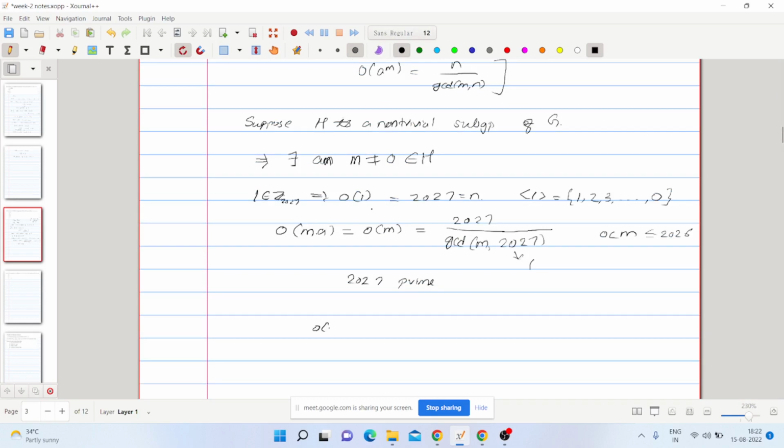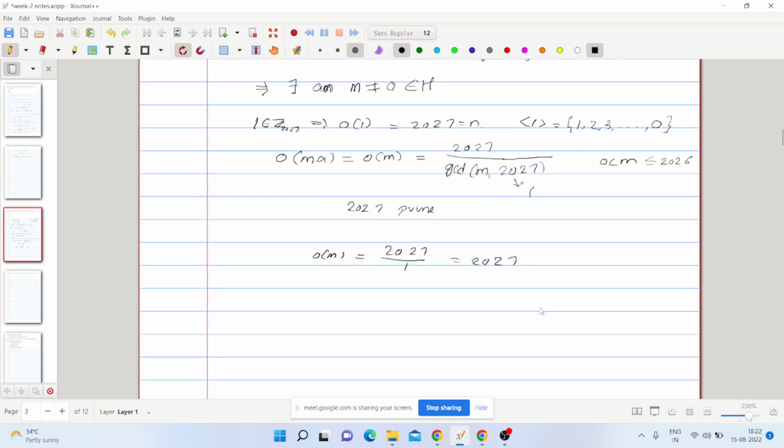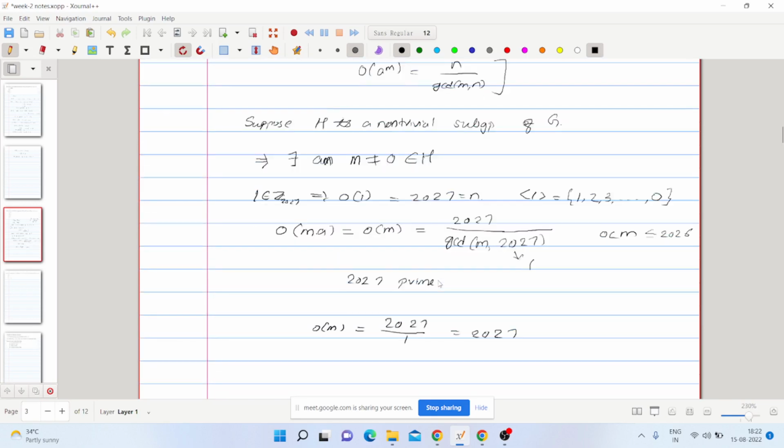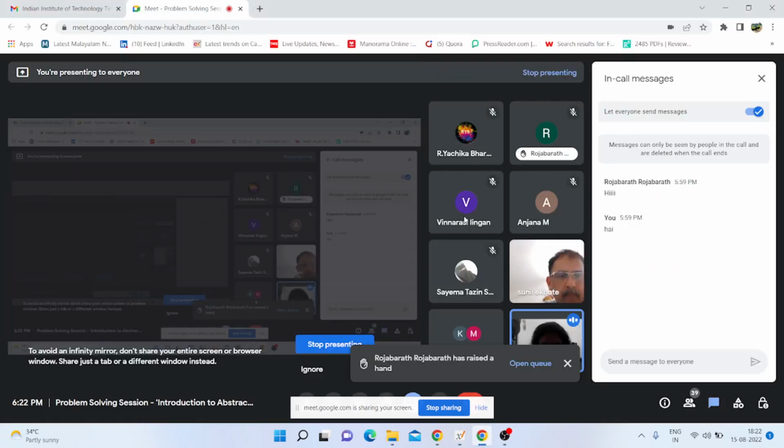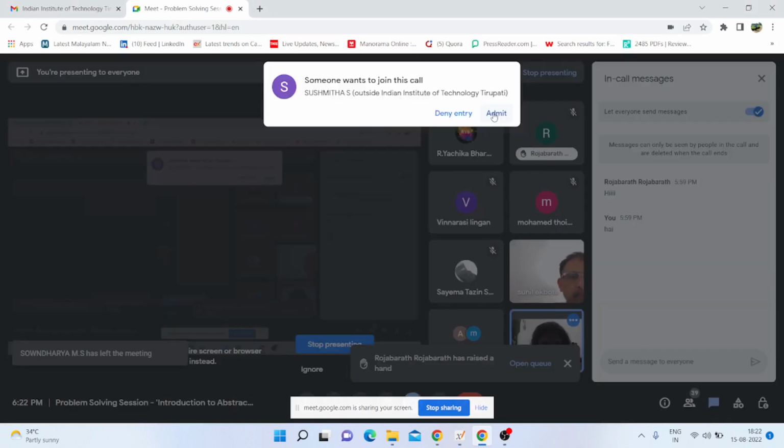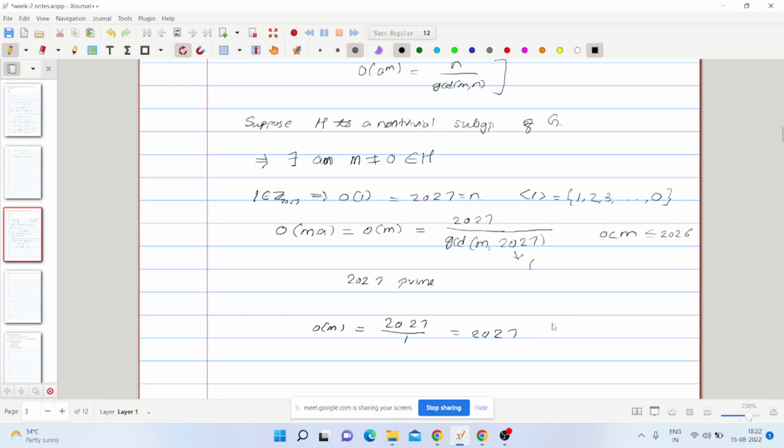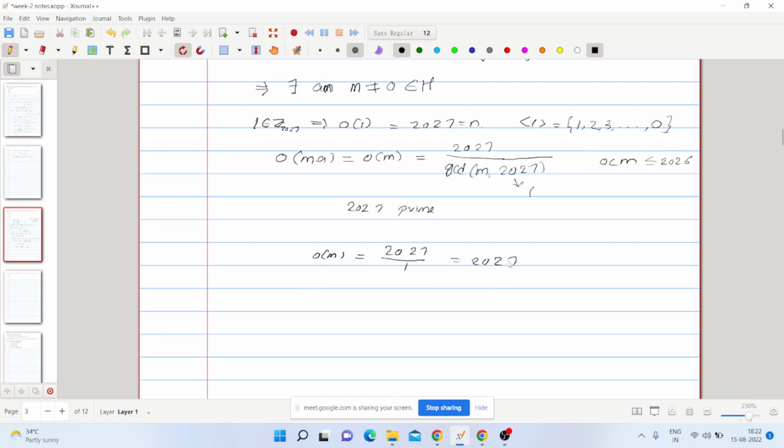So, what will be the order of m? 2027 by 1, which is equal to 2027. Is that okay? Is this clear for you? Any doubt? If you have any doubt, you can ask. Okay. So here we got the order of m is 2027.